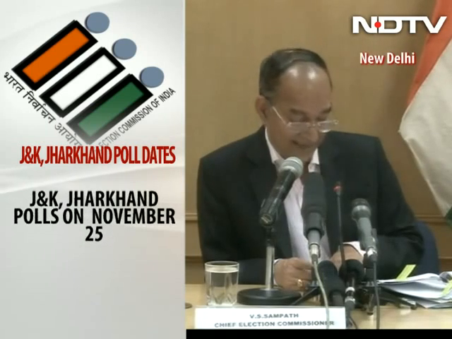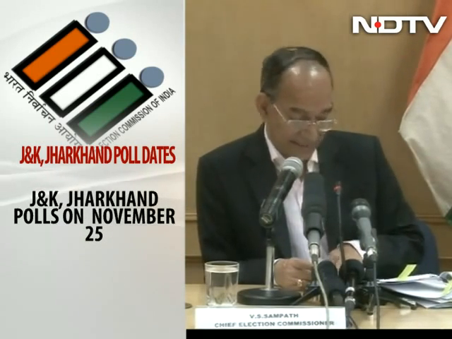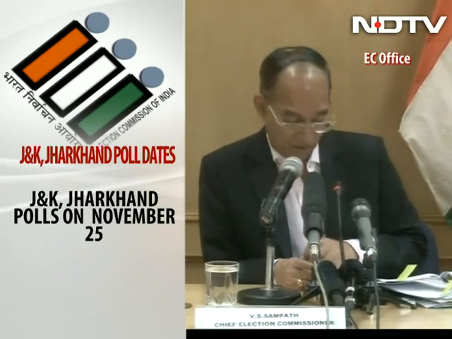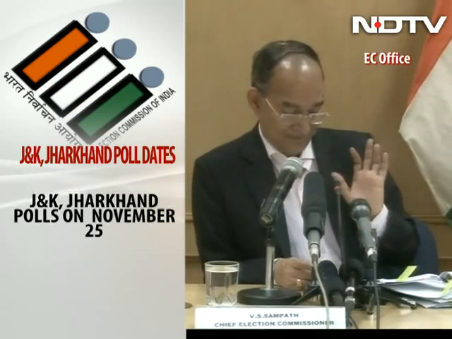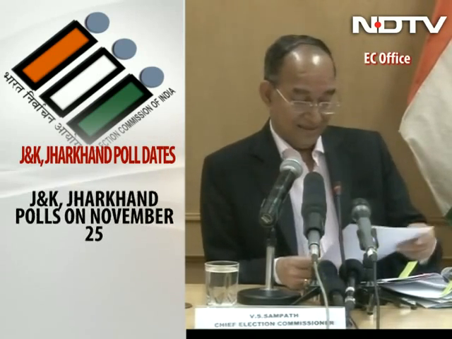And the 20th December is date of poll, and 23rd counting. The polling will be on the 20th, for the fifth phase for both Jharkhand and Jammu and Kashmir, and counting on the 23rd.